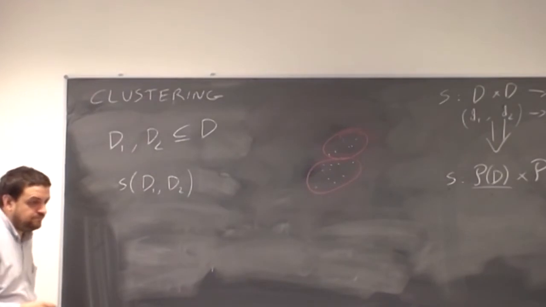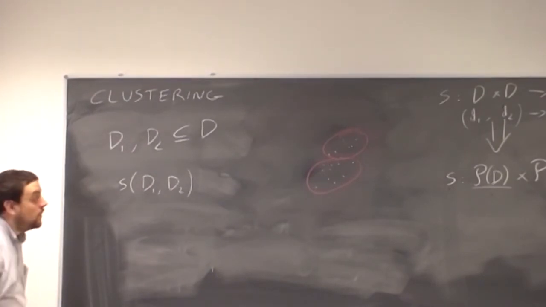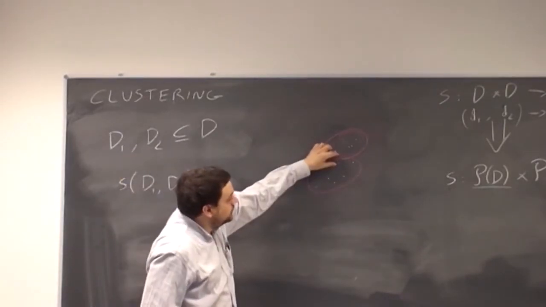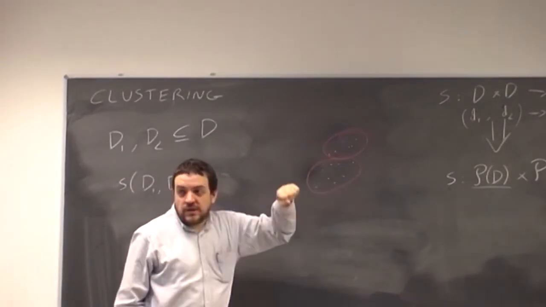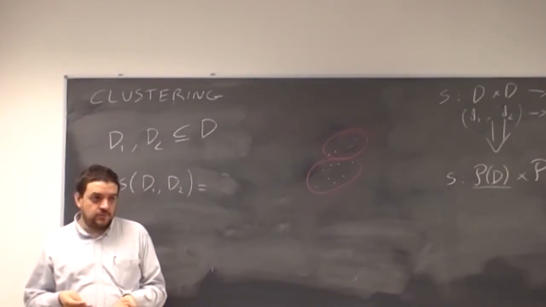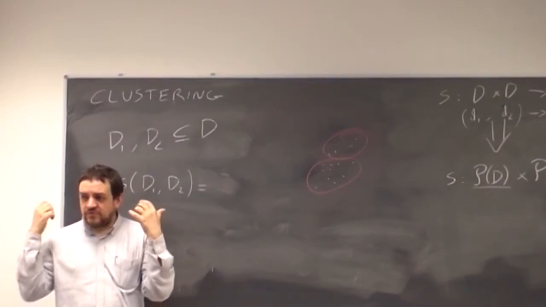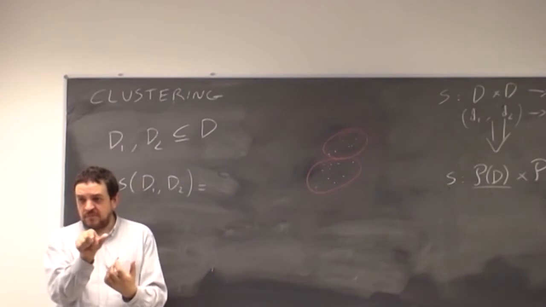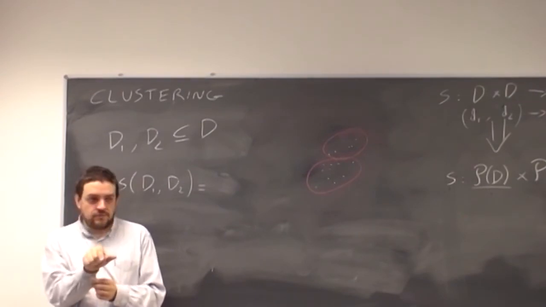For example, one possible definition is this. Let's consider the two elements, one in D1 and one in D2, that are most similar to each other. Let's take that one as similarity between sets. So two sets are as similar as the most similar pair that they contain.